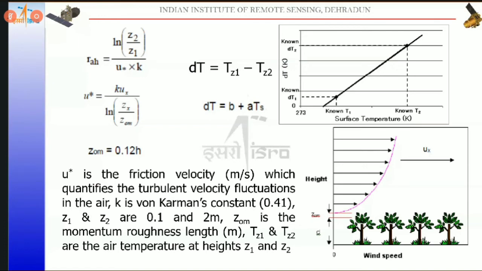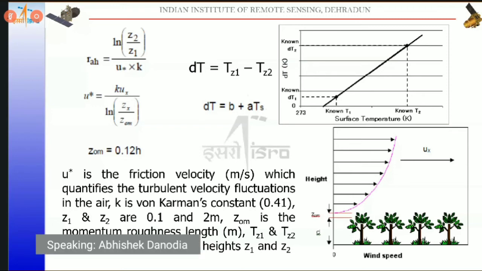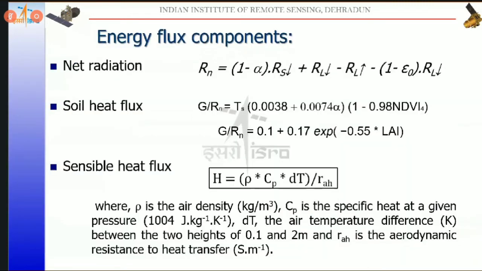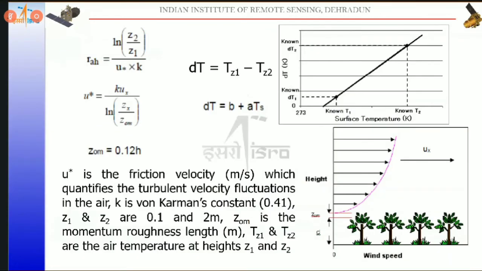The DT is the T at Z1 minus T at Z2, meaning the temperature difference between the two heights Z1 and Z2. A and B are the coefficients you get when you generate the line, and using that line you can derive your RAH and DT, as defined earlier in this formula. With an internalized calibration procedure, you can calculate DT and RAH, and ultimately calculate the latent heat using the model.